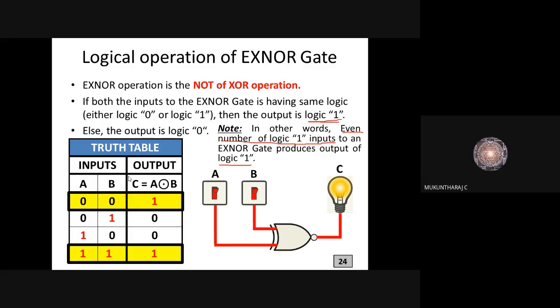Or you can remember the operation of XOR and XNOR gates in terms of odd number of ones, even number of ones. Whichever is convenient, you can keep in mind.